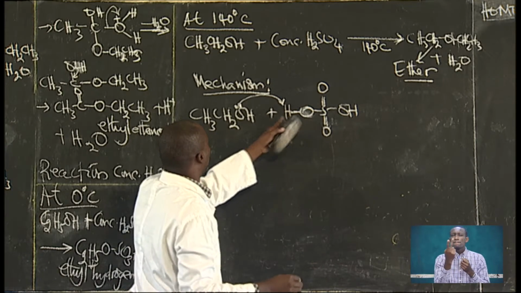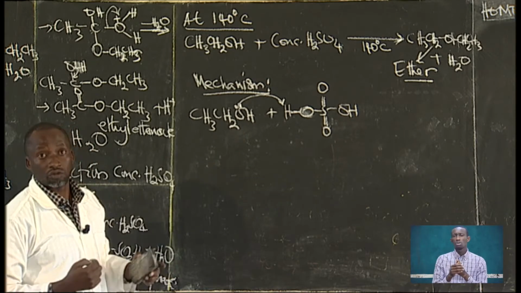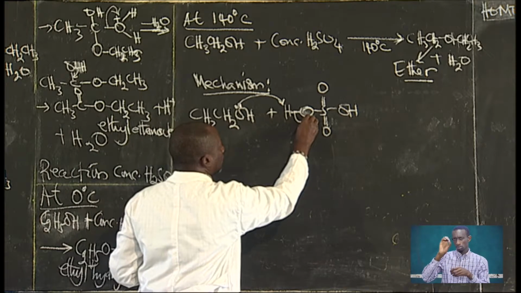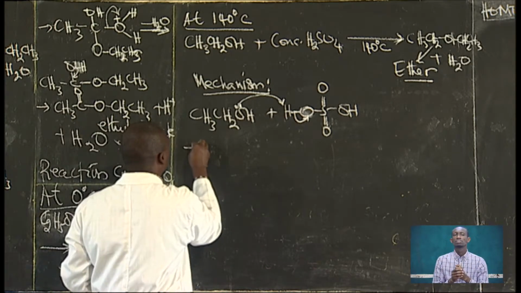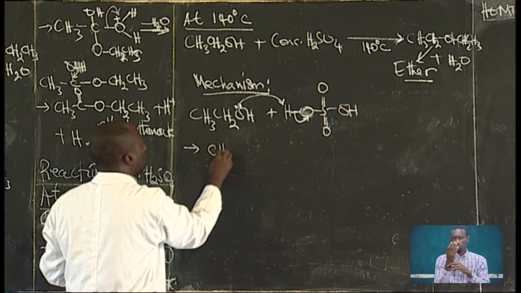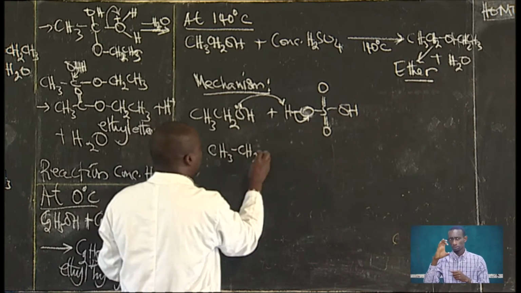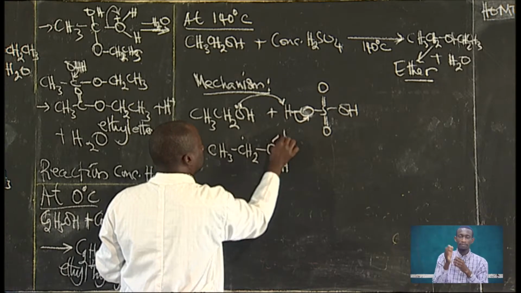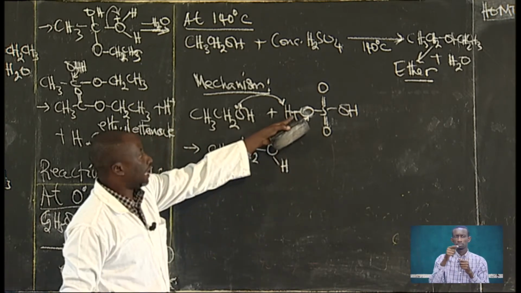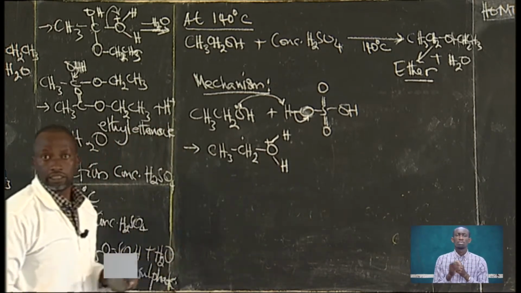The alcohol is being protonated, attracting the proton from the sulfuric acid, and this one breaks away. And this will eventually form CH3CH2. Remember, this one will be forming water because of the hydrogen that comes from here. So this forms a positive charge.